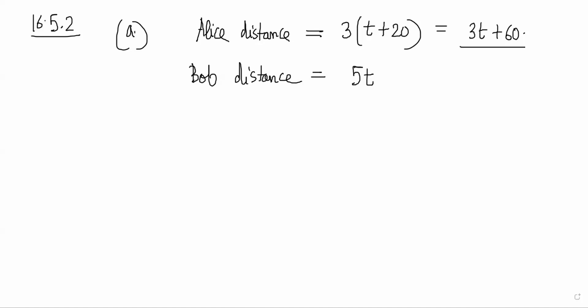How many seconds after Bob starts running has he run 50% farther than Alice? So if he runs 50% farther, I multiplied 1.5 times 3T plus 20, and I made that equal to 5T.